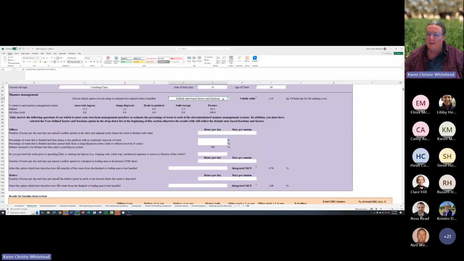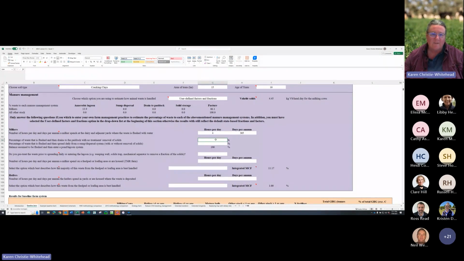If I quickly, and I'll be very quick because I know we're running out of time, had user defined and we said actually the cows are spending 4 hours per day and 305 days per annum. What we wanted to know here was ultimately how much is going to the lagoon.